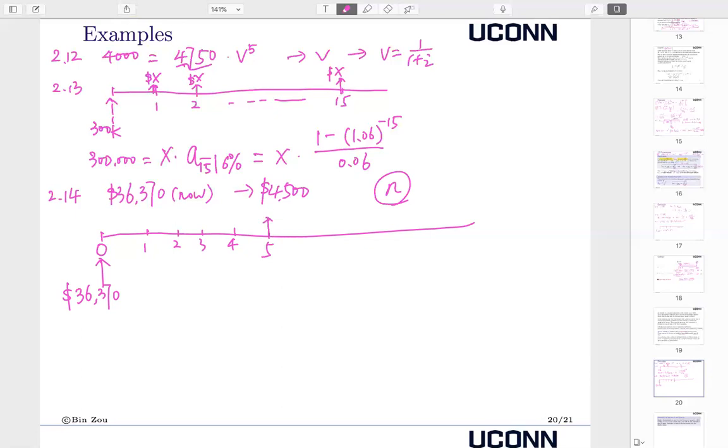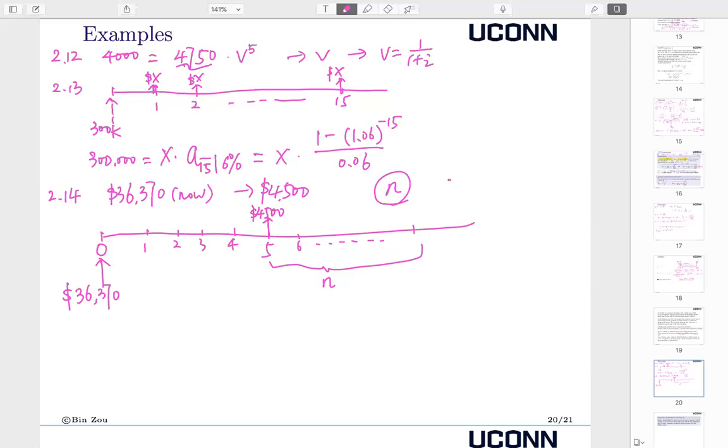The amount we know is 4,500. So Karen can withdraw 4,500 at time 5 years all the way to, well, I don't know. So here is n. She can receive n equal payments. Now the question is, what is n?